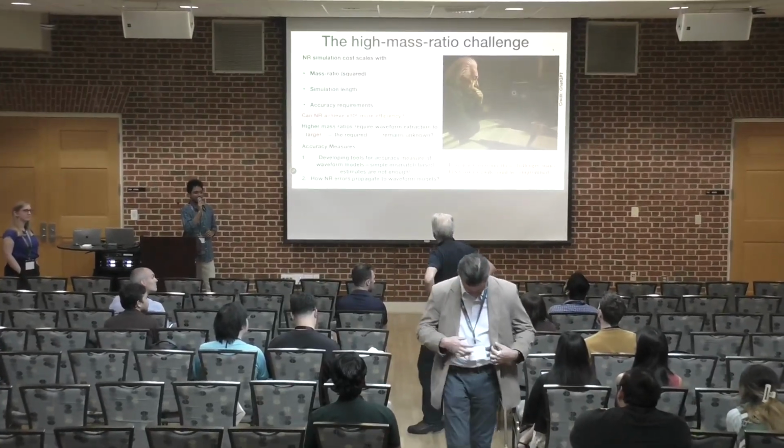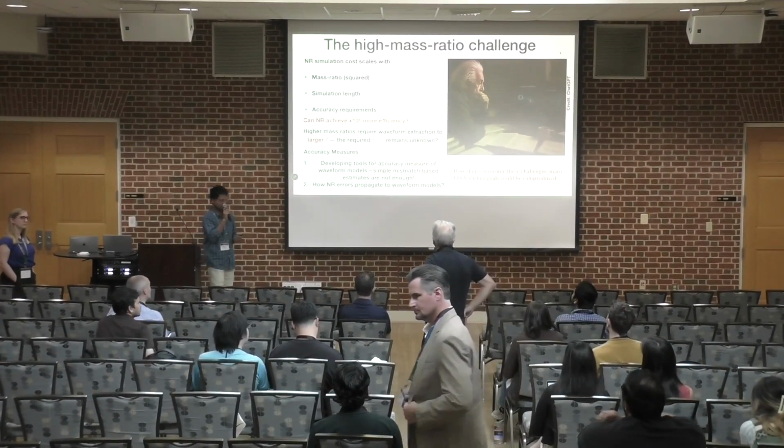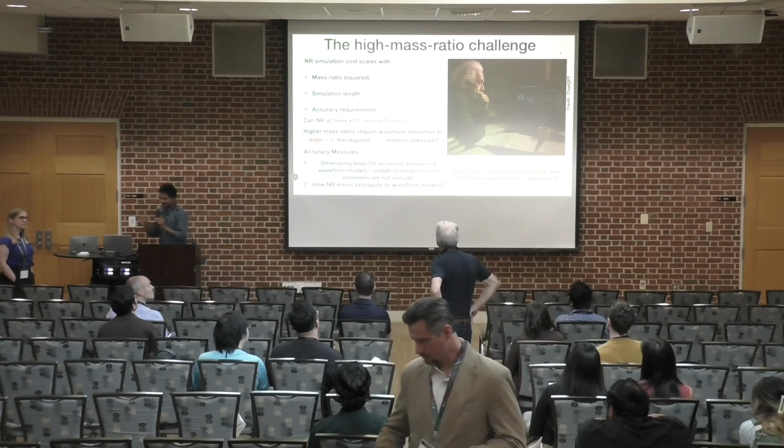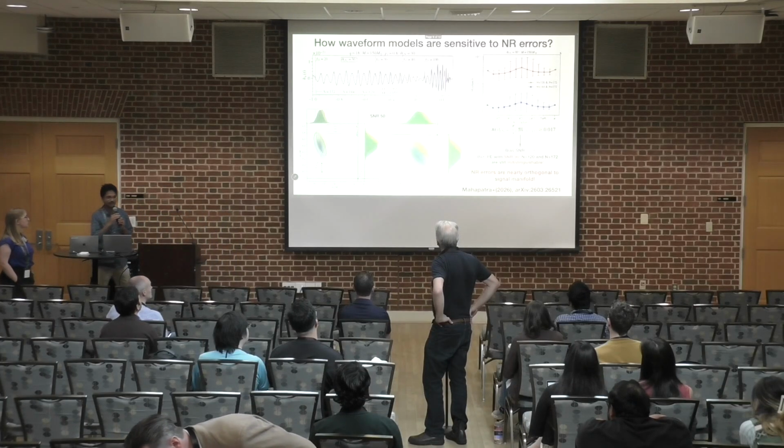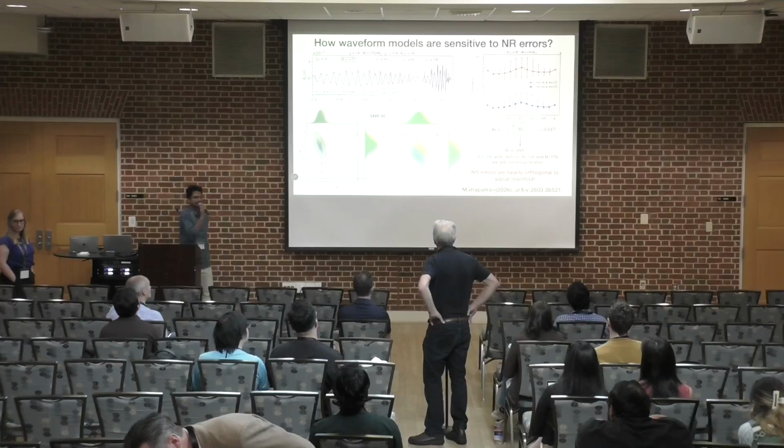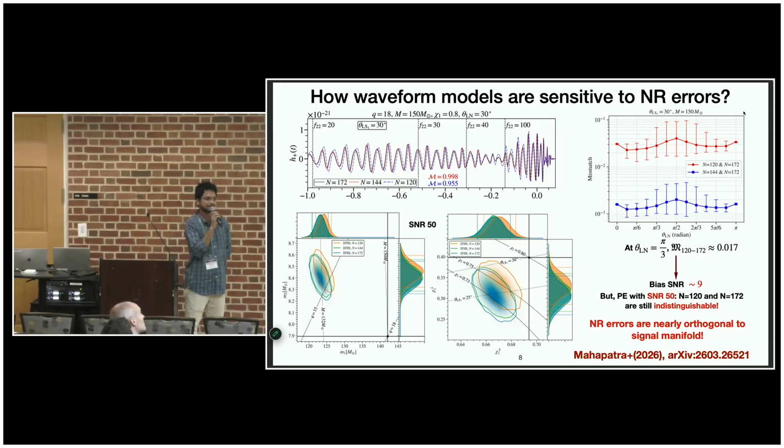I was very interested in your previous slide, the fact that the NR errors were, for some reason, coming out nearly orthogonal to the signal manifold. Do you have insight into that? Is it just a happy coincidence, or is it that the things that get missed in the simulation are directions that aren't well constrained, and also aren't directions that matter much physically?